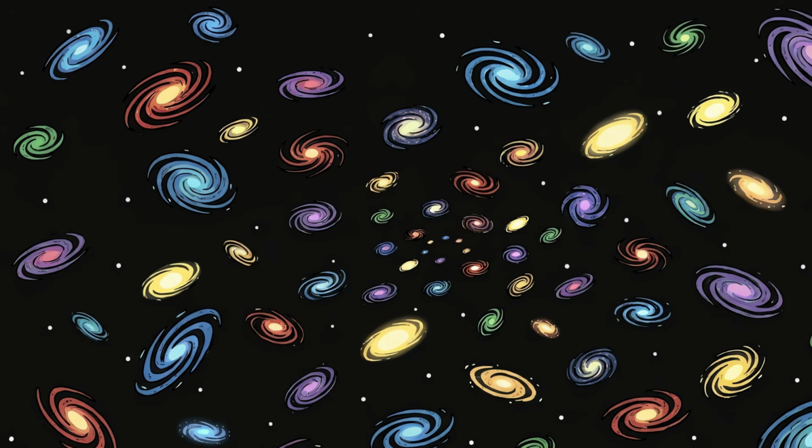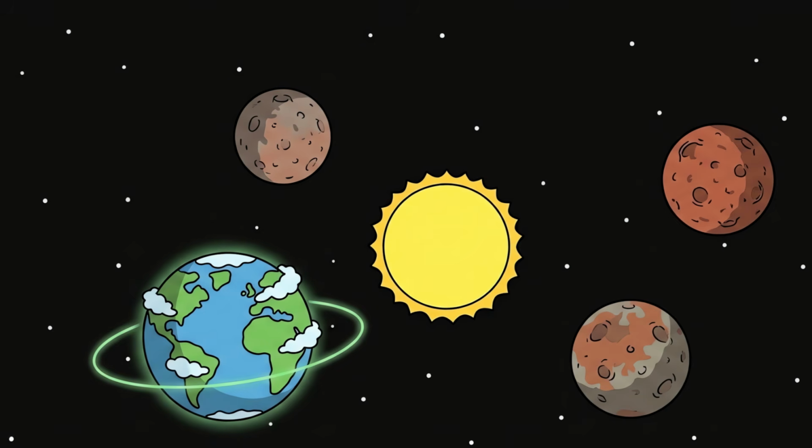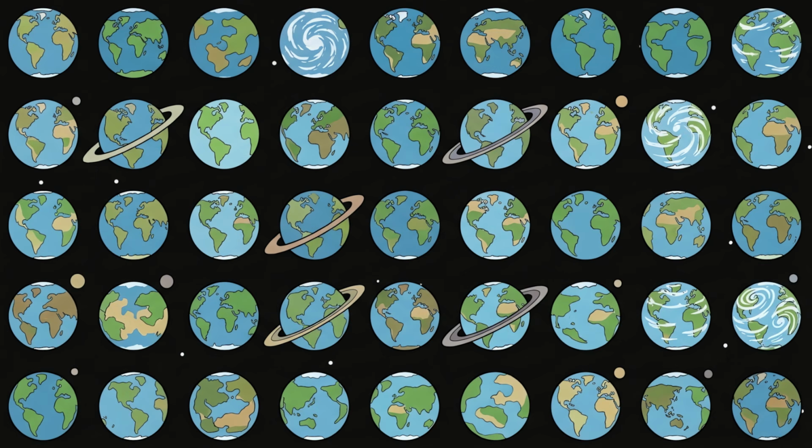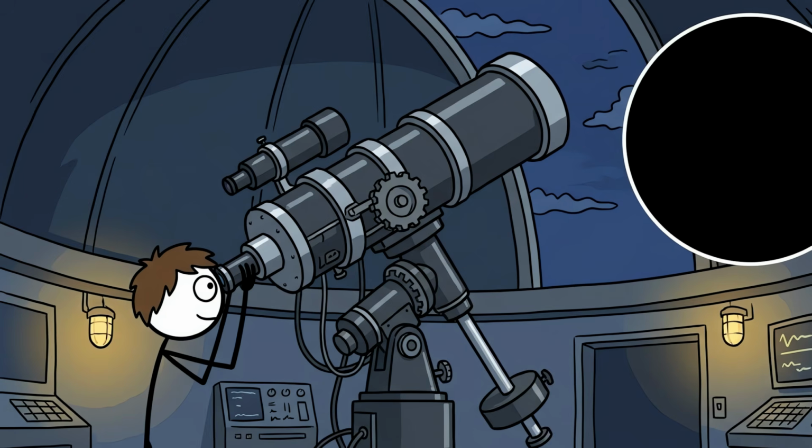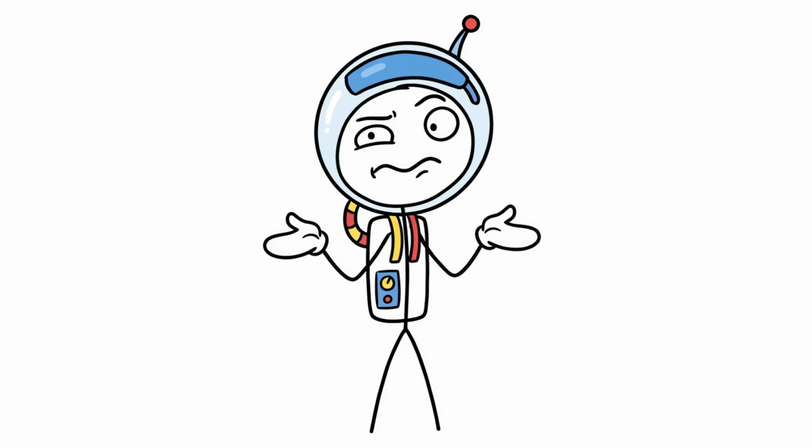The universe is approximately 13.8 billion years old, contains hundreds of billions of galaxies, each with hundreds of billions of stars, and a significant fraction of those stars host rocky planets in habitable zones. By any reasonable estimate, the conditions for life have existed countless times across cosmic history. We should be surrounded by evidence of other civilizations. We see nothing. That silence requires an explanation.